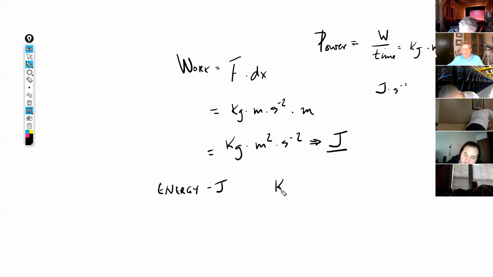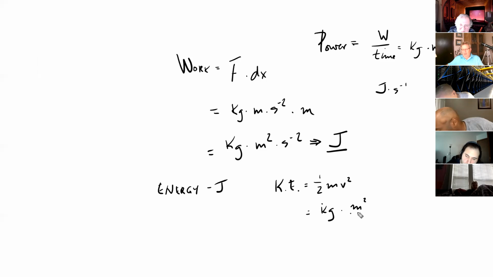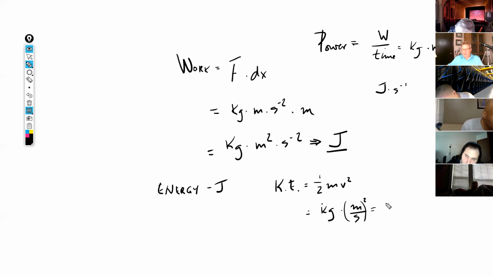For instance, kinetic energy: one half m v squared. If I look at just the units, I've got kilograms times meters squared per second squared, which is what we said is a joule. So kinetic energy is a unit of energy and work. Work and energy are the same thing.